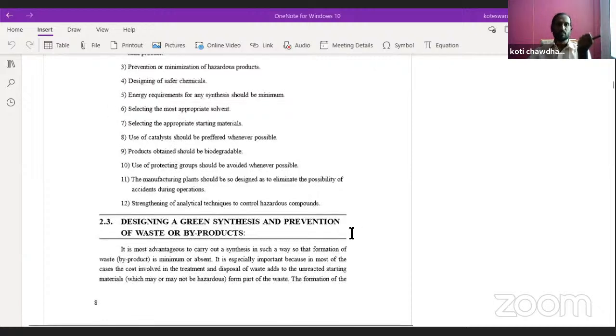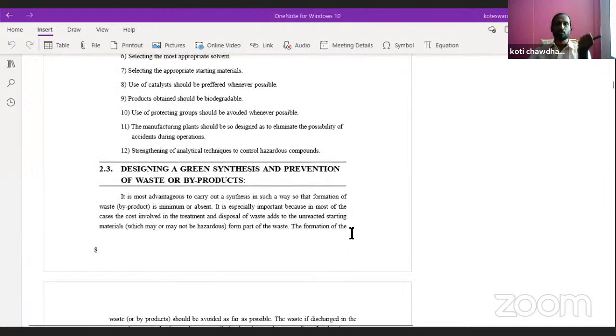Next, the 11th rule is that the manufacturing plant should be so designed as to eliminate the possibility of accidents during operation. Okay, it is a very important thing in manufacturing industries that we need to design a well-mannered production plant, because if it is not in the prescribed manner, there is a possibility of several accidents.